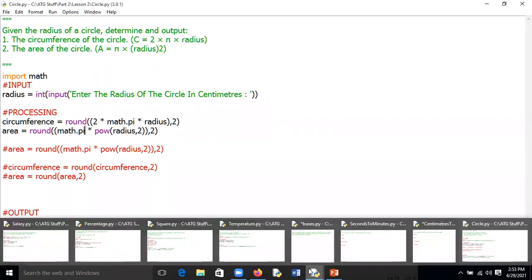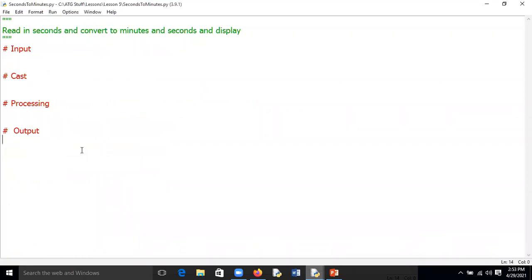Okay, so I want you to look at this question. All right, read in seconds and convert to minutes and seconds and display. Read in seconds. So if I told you 320 seconds, it's actually 5 minutes and 20 seconds.